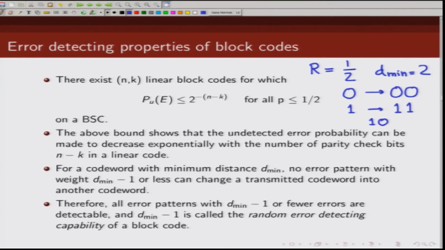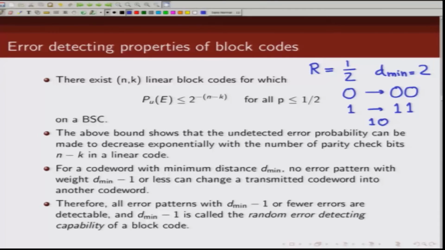since it is a rate 1/2 repetition code, what we expect to receive is either 0 0 or 1 1 if we transmit this code word over a binary symmetric channel. But what we have received is 1 0, which is neither 0 0 nor 1 1.